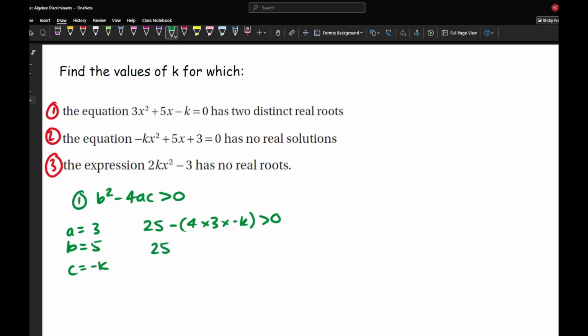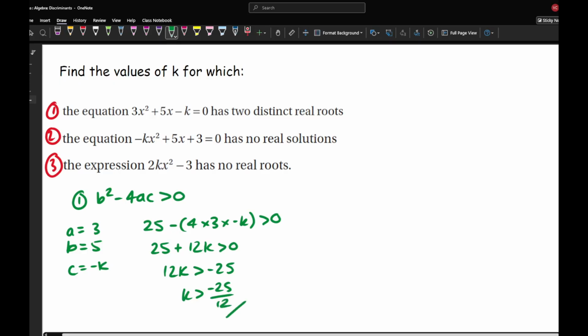So I get 25 plus 12k is greater than 0. So 12k is going to be greater than minus 25. So k is going to be greater than minus 25 over 12. And there's my answer for number 1.